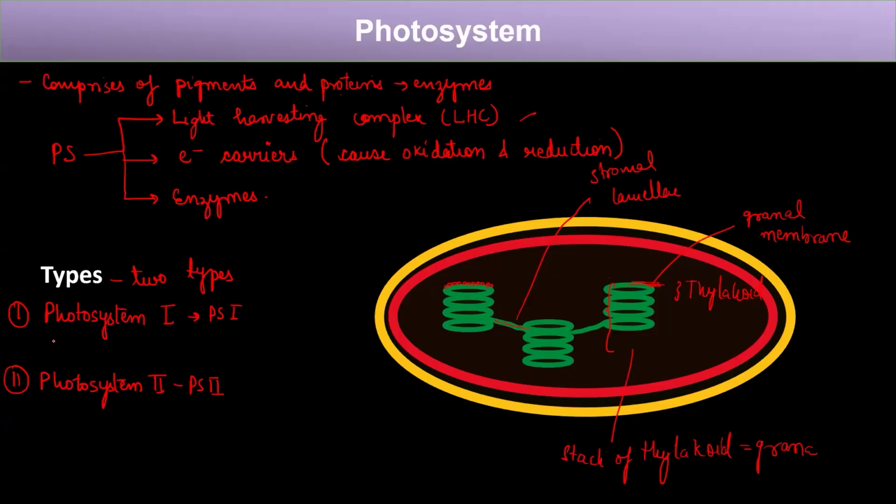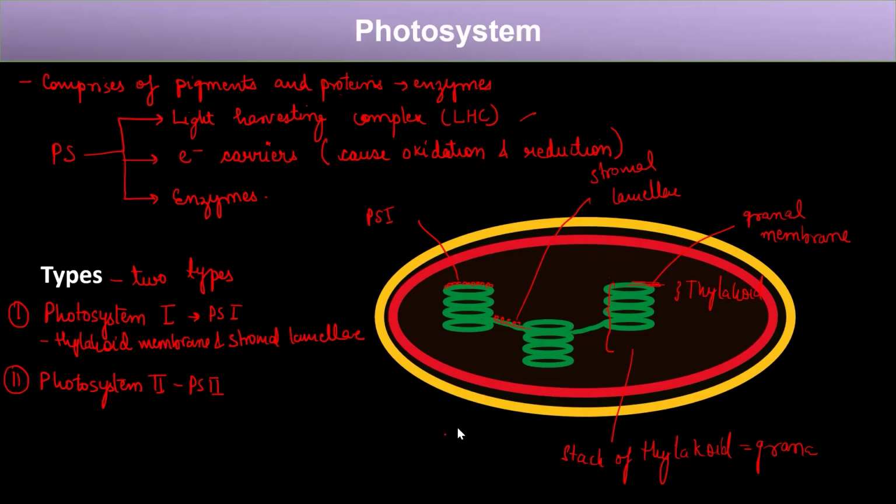The photosystem is located on the thylakoid membrane and stromal lamellae, right? Because it is the membrane that is exposed. So you can say this is representing PS1. The PS1 is present on the exposed region of the grana, or in the chloroplast, it is present in the exposed region over the membrane. So photosystem 1 is present on the thylakoid membrane and the stromal lamellae.